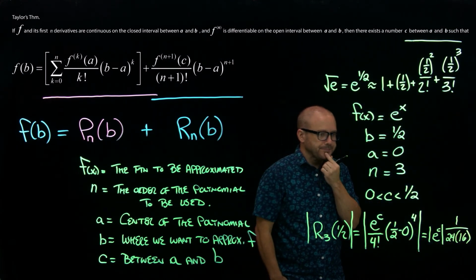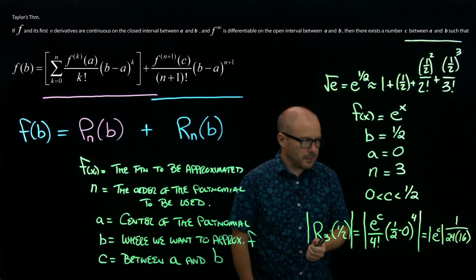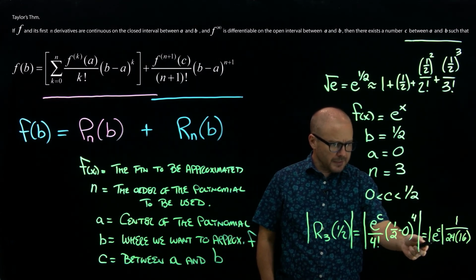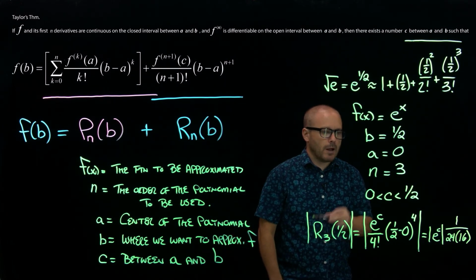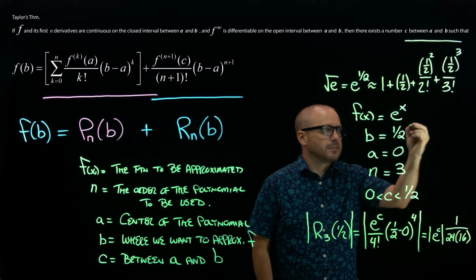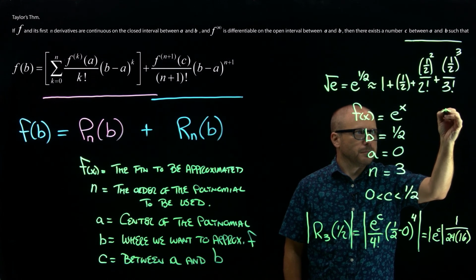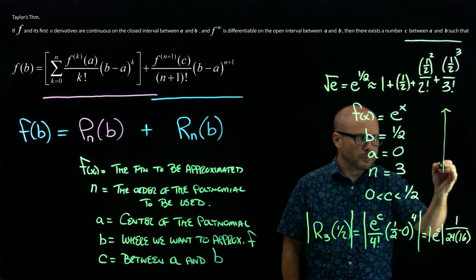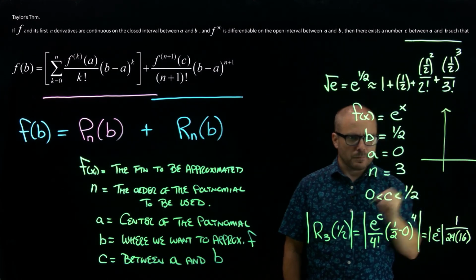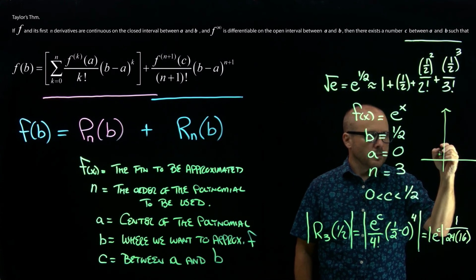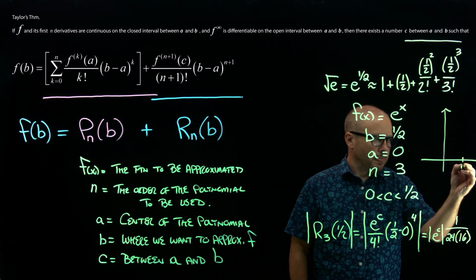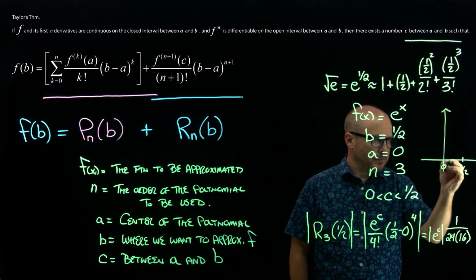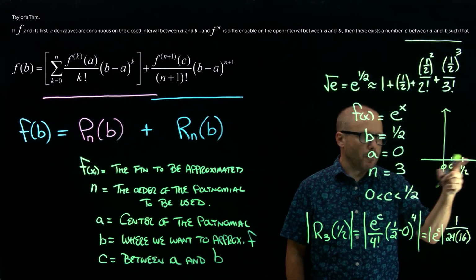OK. Now, what do we need to do? We need to say something about how big e to the c could possibly be. Well, let's think about this. Let's draw a little picture here. We know c is somewhere between 0 and a half. I don't know what c is, but it's somewhere in between there.